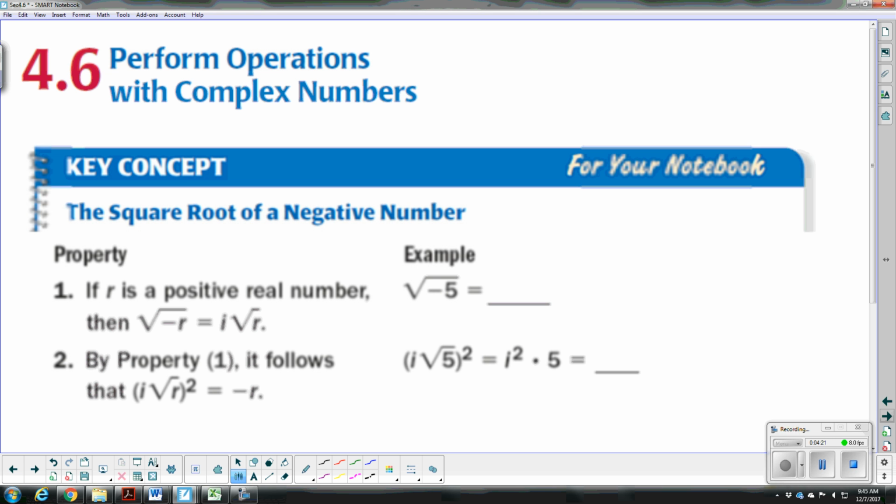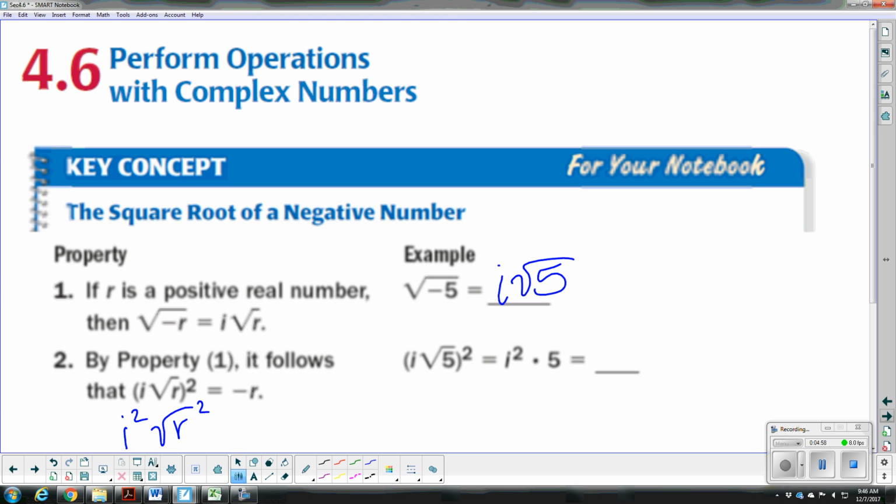If you look at your note sheets, you get this key concept cut out, and the first property says that if r is a positive real number, then the square root of -r is i times the square root of r. So the square root of -5 is i times the square root of 5. By looking at property 1, it follows that i times the square root of r, squared, is equal to -r, because it's i squared times the square root of r squared.